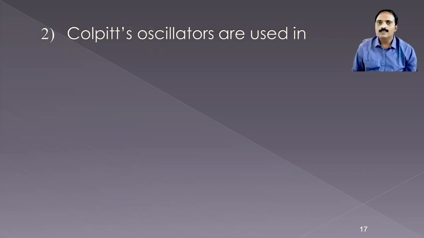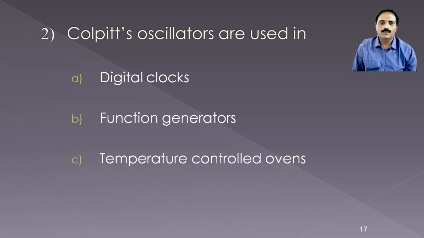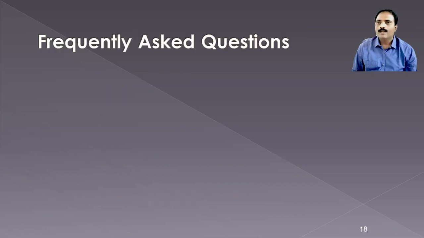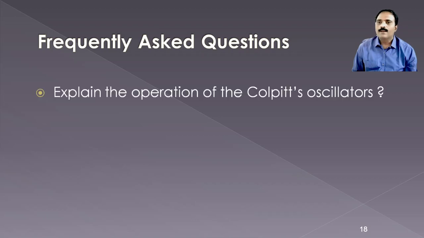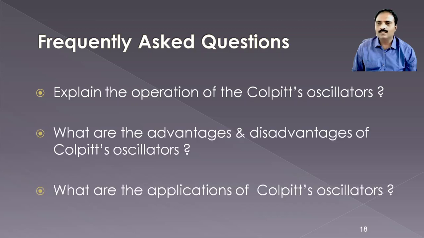And the Colpitt's oscillators are used in digital clocks, function generators, temperature controlled ovens and radio and TV receivers. The option is D, radio and TV receivers. And generally these are the frequently asked questions in the examinations, like operation of Colpitt's oscillator with neat sketch, and advantages, disadvantages of Colpitt's oscillator, and applications.